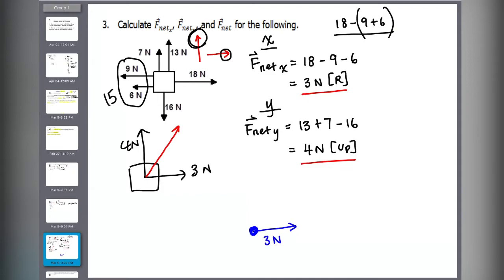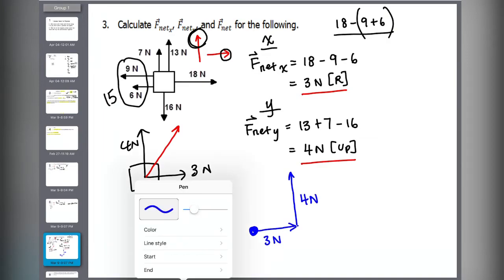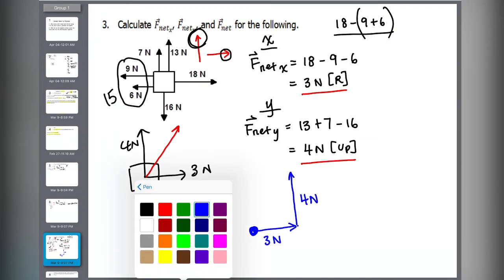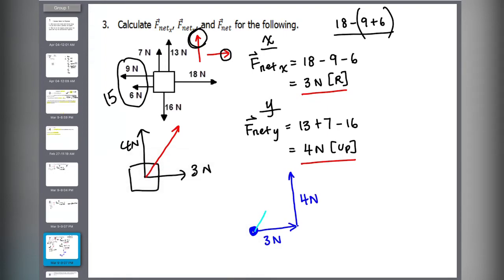Notice the format is the same. I am careful that I have arrows there. I write my side. And then I go 4 newtons going up. So from where I ended, I don't go back to the starting point, right? To complete the triangle, I always go from the starting point towards the ending point. And this time, instead of calling it delta d or delta v or whatever those symbols, we say F net.